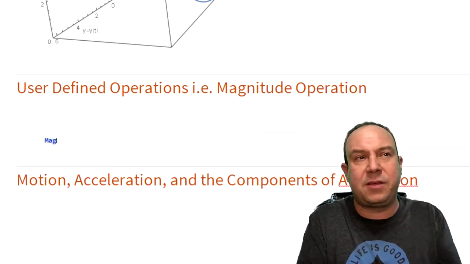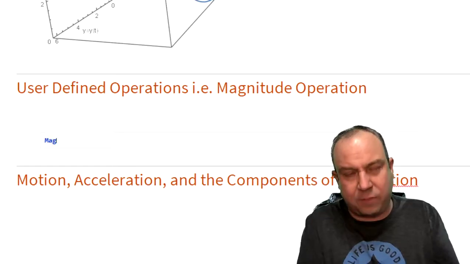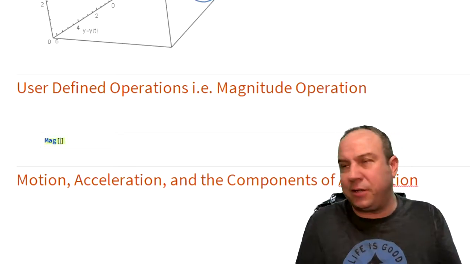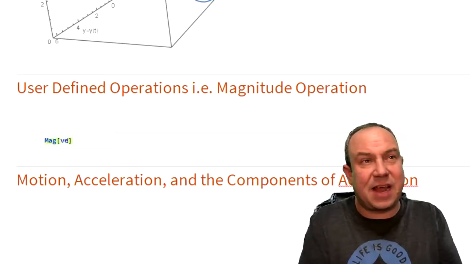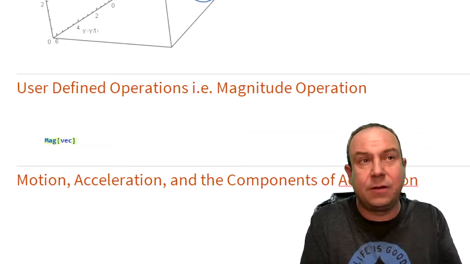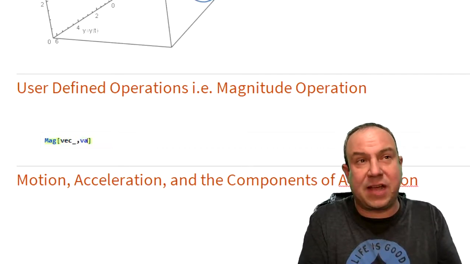Again, maybe we call it the magnitude vector. Now notice there are no functions already named magnitude. And like I said, I want to have it take as input a vector and a variable.